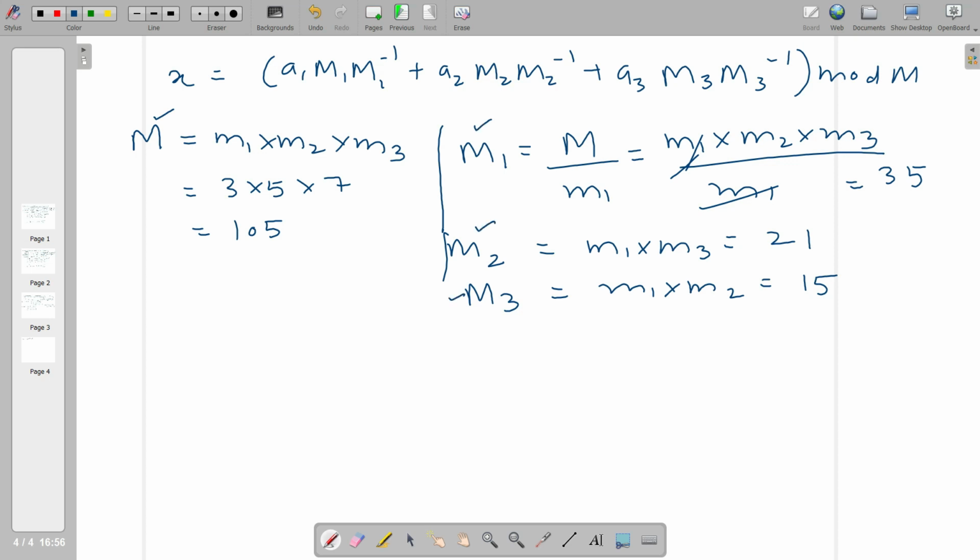Now let's calculate capital M1 inverse. How can we calculate capital M1 inverse? We know that capital M1 into capital M1 inverse should be congruent to 1 mod small m1, which is 3. So it should be congruent to 1 mod 3.